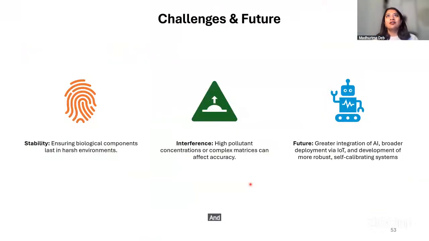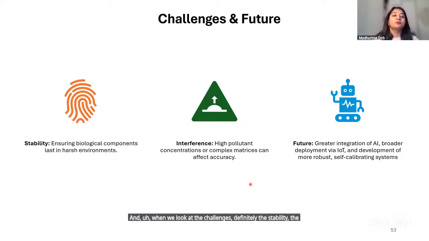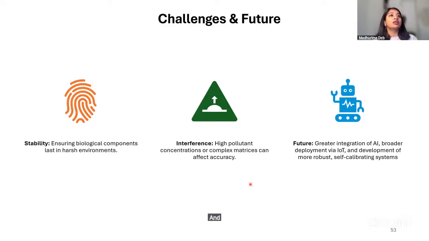And when we look at the challenges, definitely the stability, the drift problem, and the biological component not sustaining themselves in harsh environments. These are the biggest problems. And the interference, as I myself had a huge face-off with. And I think for complex matrices, we need more sensors and more data so that we can do the computation properly.